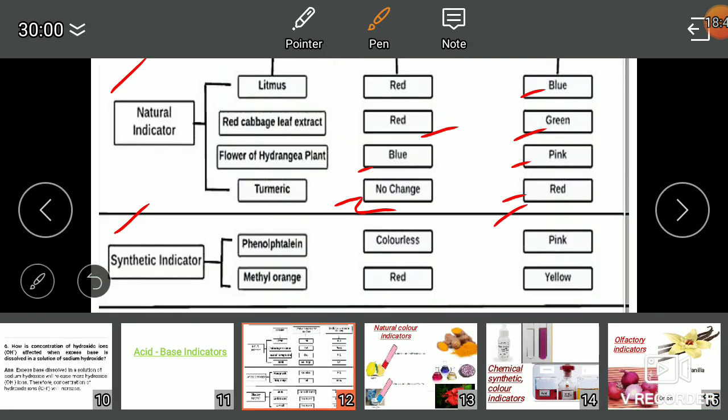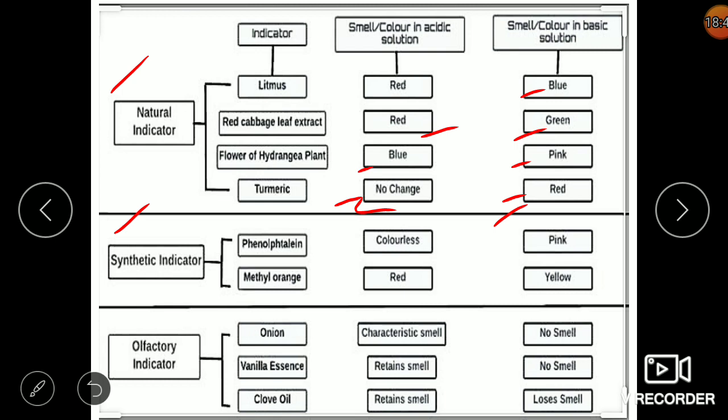So see the table, see the chart here. Olfactory indicator, what about onion? Characteristic smell retained in acidic medium, in base the smell goes. Vanilla essence, they retain the smell in acidic medium, but the smell goes in basic medium. Now there is one more olfactory indicator, that is clove oil.